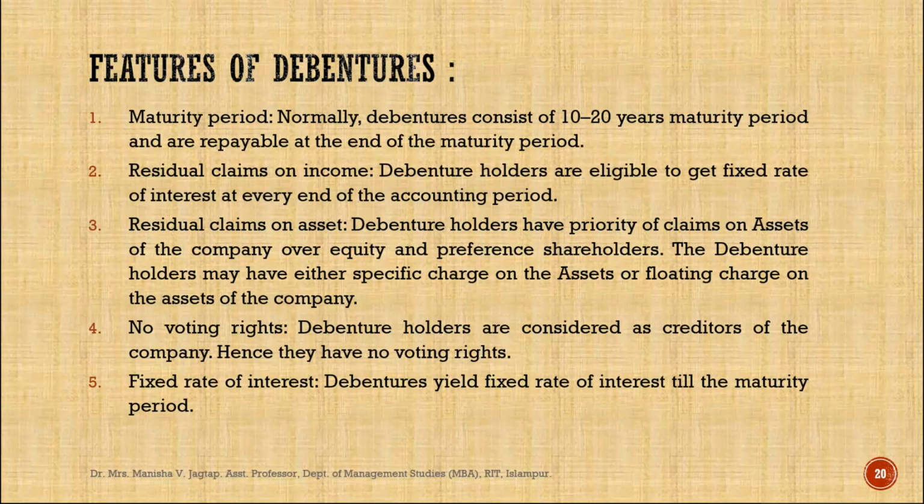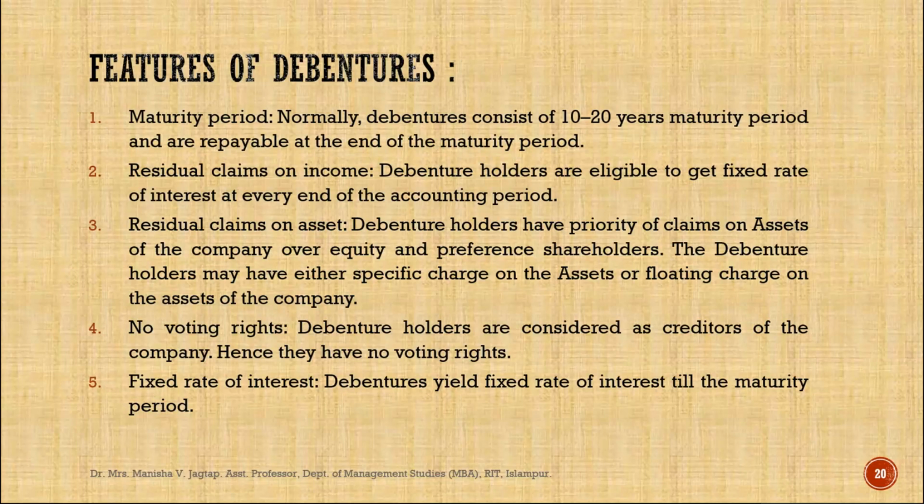First is maturity period. Debentures consist of a long-term fixed maturity period. Normally, it consists of 10 to 20 years maturity period and they are repayable at the end of the maturity period. Next is residual claim on income.